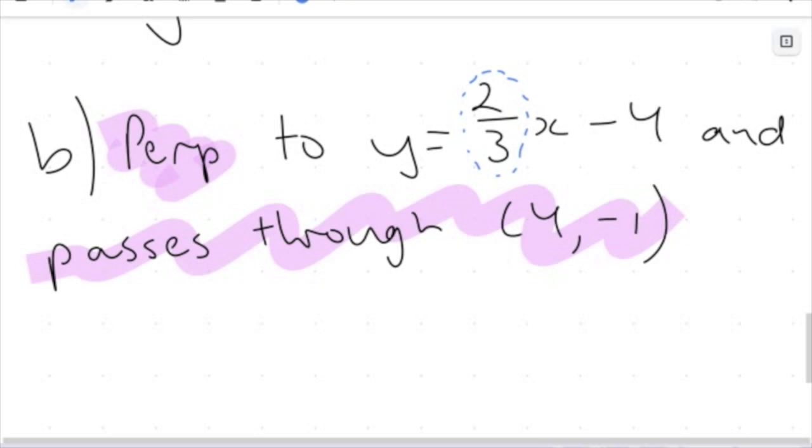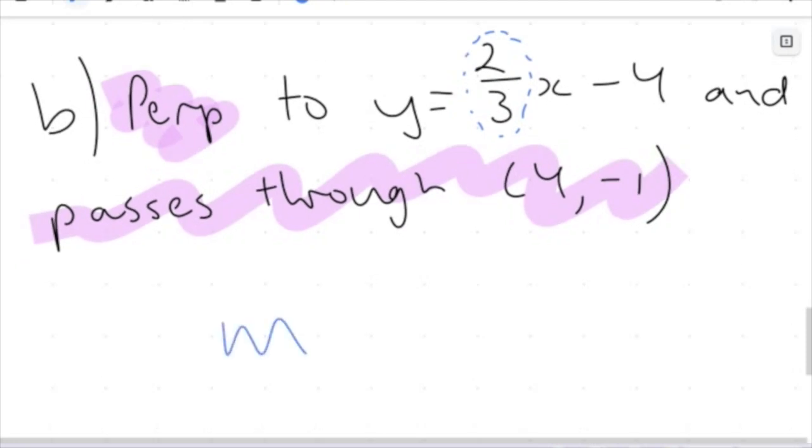It's going to be the negative reciprocal of 2 over 3. So the gradient of my new line is going to be, well, the reciprocal of 2 over 3 is 3 over 2, and we want the negative reciprocal. So I'm going to pop a negative sign in front of here.